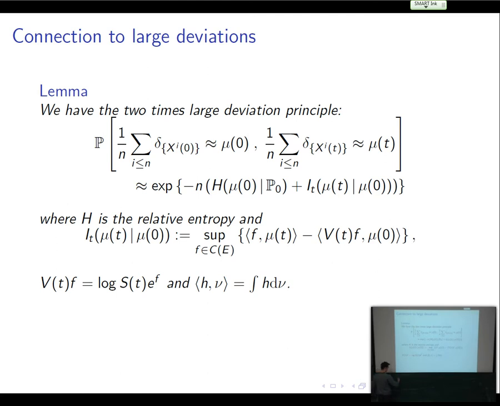If I apply it twice, I simply take the logarithm of S_t e to the power logarithm S_r e to the power f. Of course the e cancels the logarithm, and then S is a semigroup, so I simply get that this is V_{t+r}, so also this V is a semigroup.